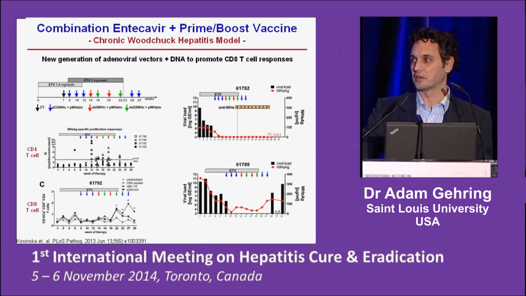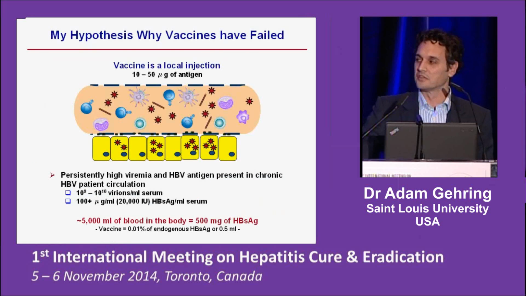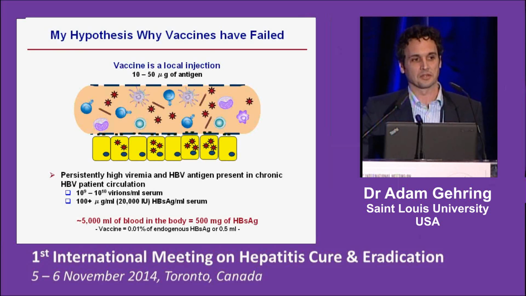So if you just do some quick numbers based on this, you have 5,000 milliliters of blood, 100 micrograms per mil of antigen in the blood. That's 500 milligrams of S antigen in the patient. So a vaccine with 50 micrograms is equal to half a milliliter of the blood. Why should the immune system look at what's going on in the shoulder when it's overwhelmed with antigen in the rest of the body?